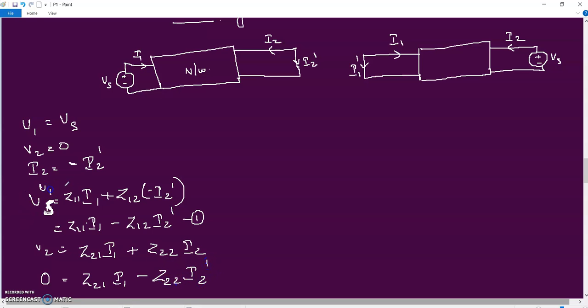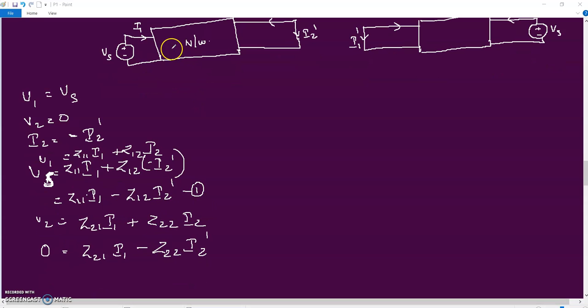And this equation was V1 is equal to Z11 I1 plus Z12 I2. So instead of V1 we have written Vs, because at the input terminal we have got the voltage Vs. Z12 I2 dash is the output, that is the response at the output. So we have got the two equations.